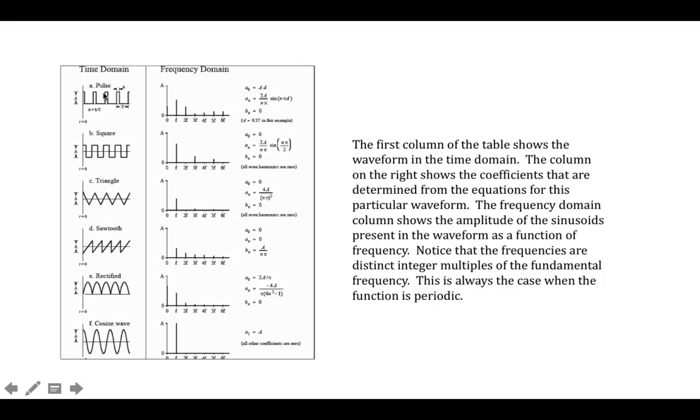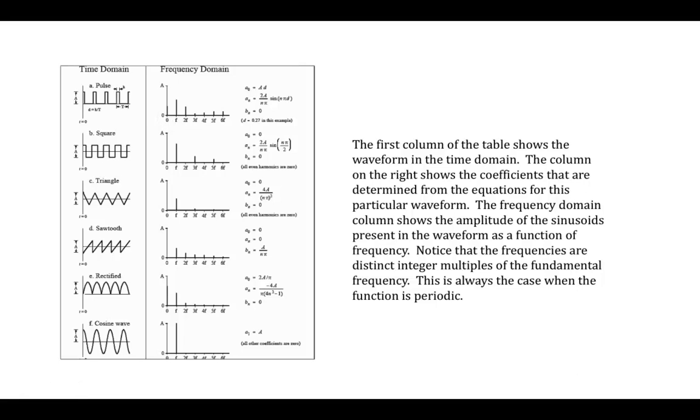So you'll notice here on this first one, there is a DC term, and that's plotted at a frequency of 0. So what's being plotted here is an amplitude spectrum, okay? And I actually believe it's an absolute value, maybe.